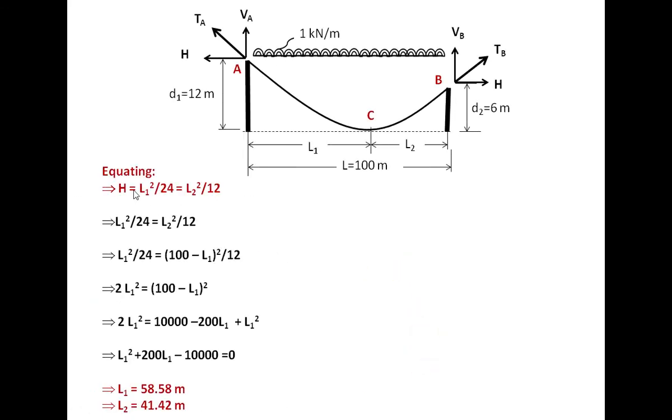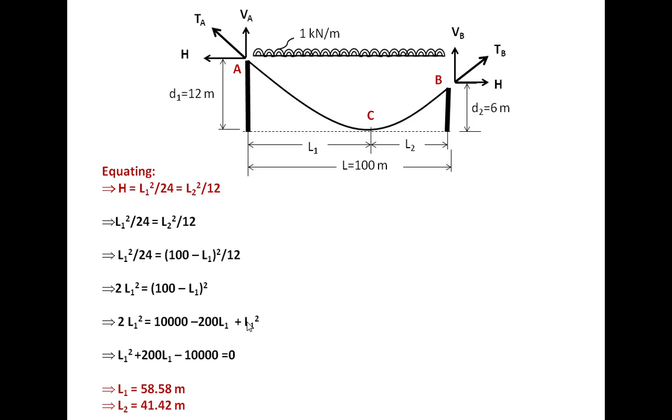And we can get L1 square by 24 is equal to L2 square by 12, and now L2 is 100 minus L1, we can substitute. This 100 minus L1 whole square can be written as 10,000 minus 200 L1 plus L1 square, and this 2 will come here as 2 L1.